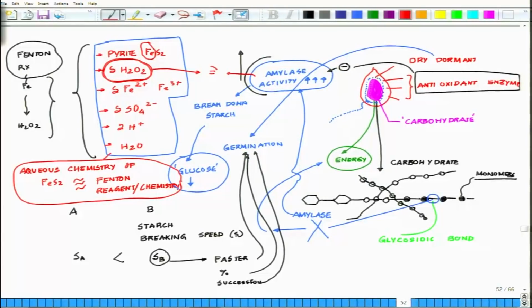So, in other words, FeS2 or pyrite is mimicking this whole thing. FeS2 plus water is similar to amylase.